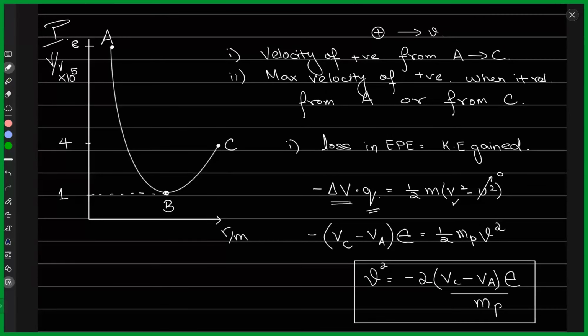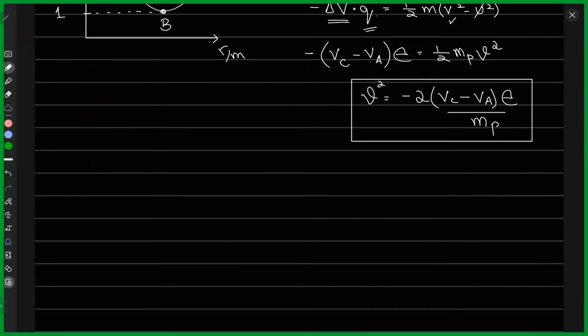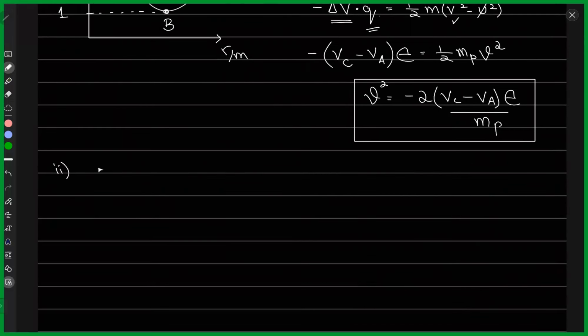Now, the second part is to find out the maximum velocity of this positive charge, or the proton, when it's released from A or when it's released from C. So let's compute the second part, maximum speed when it's released from A. First, let's compute that.